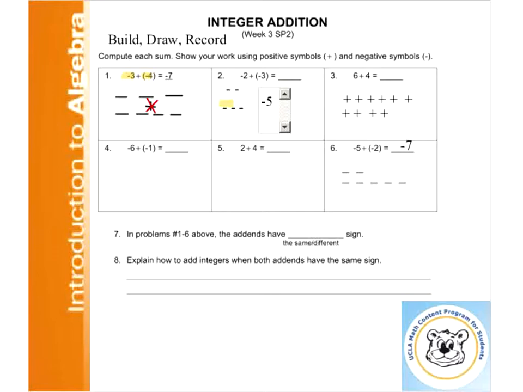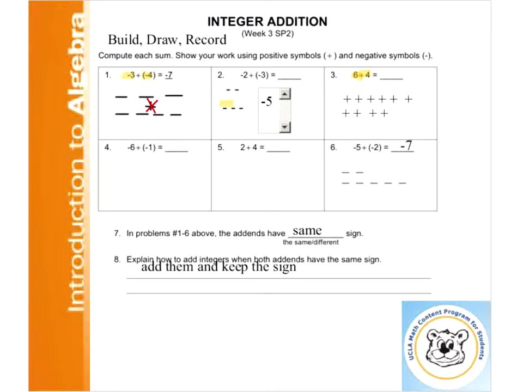Okay, so if the add-ins have the same sign, is there some sort of rule that we can generalize to help us with figuring out what the sign of the result is going to be? And Pat, what would that be?